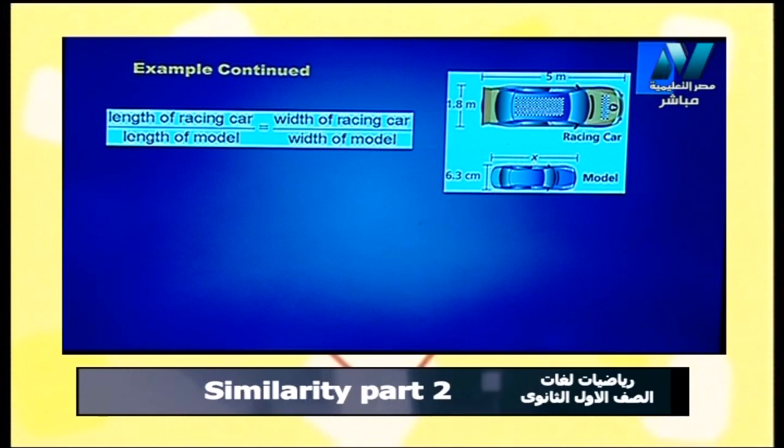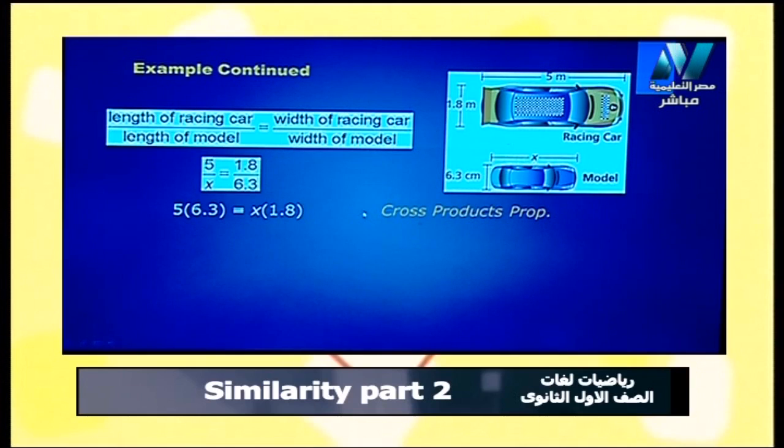Let's go to the next. We have the same two cars. We have equal ratios here because of similarity. Length of racing car over length of model equals the width of racing car over width of the model. So when we put 5 over x equals 1.8 over 6.3. We have the cross product: 5 multiplied by 6.3 equals x multiplied by 1.8.